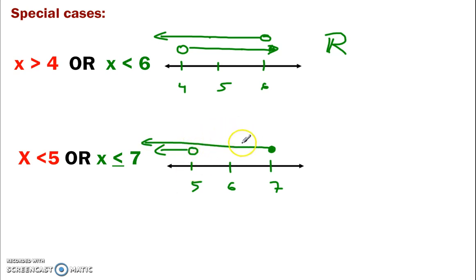It could be this or that. Well, less than 5 is already covered in it being less than 7. That includes all of these. So the answer here is x is less than or equal to 7. This would be the final graph because all of these numbers are included in that graph. X is less than or equal to 7.